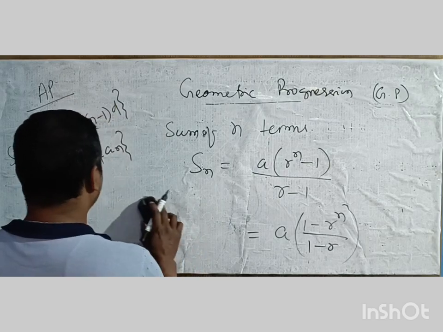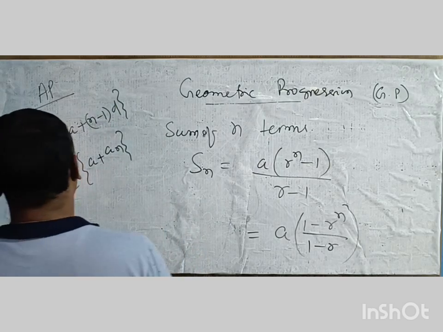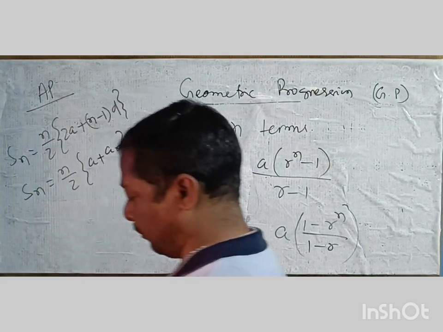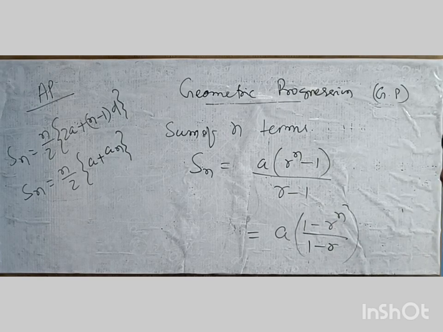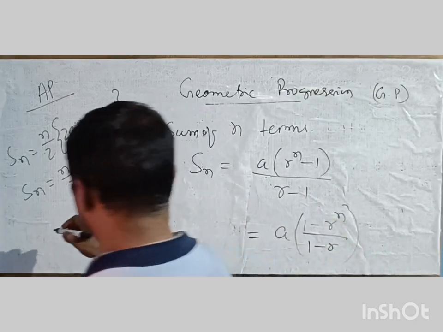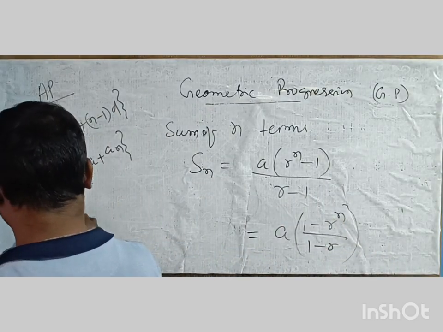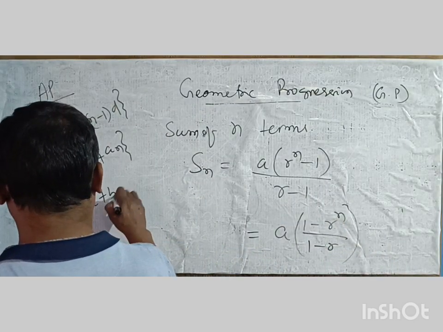So what will be the GM? In case of AP, we can find out the middle term of a sequence that is present in AP, and that is called AM, arithmetic mean, and it is given by (A plus B) by 2.